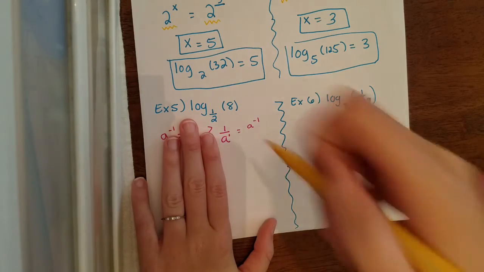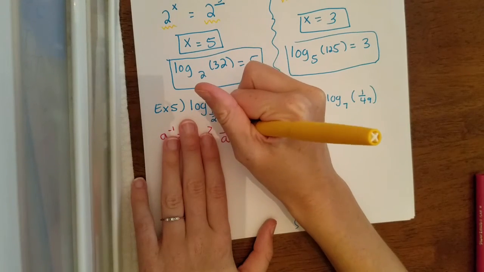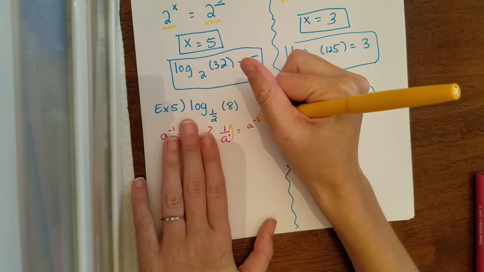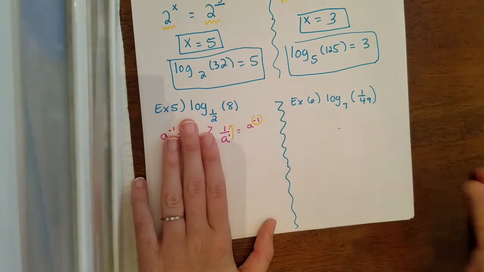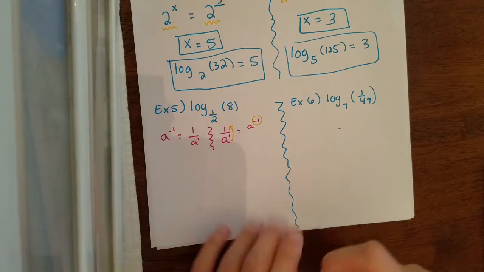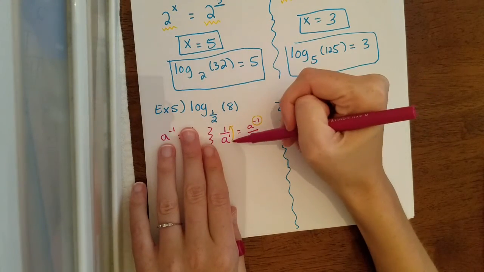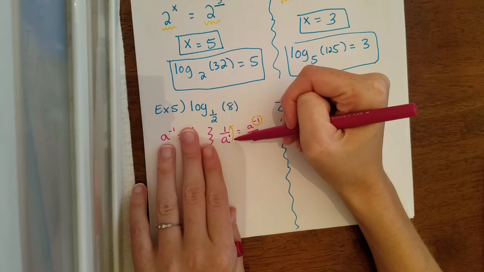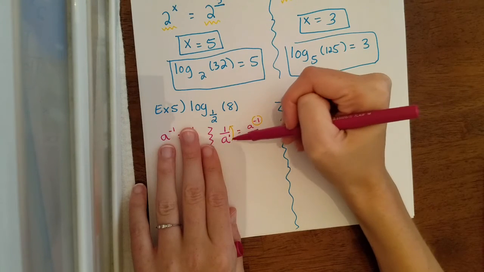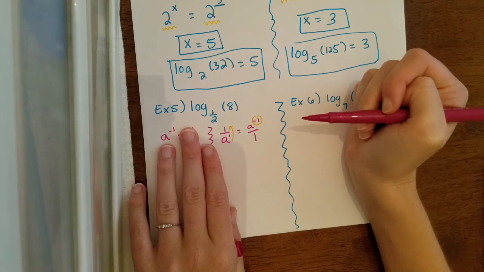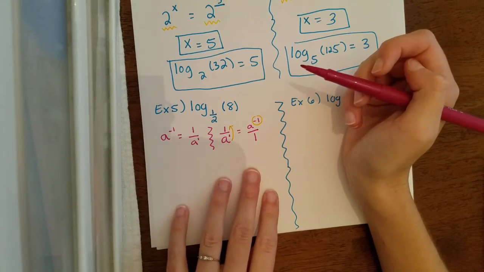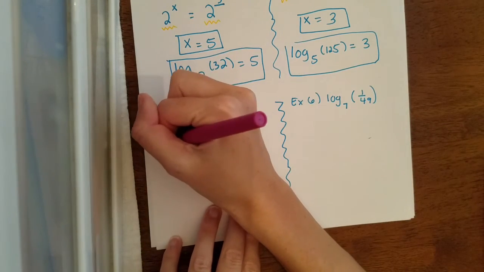That is equivalent to, if we move a to the first to the top of the fraction and change the sign to a negative, those are equivalent statements. So if you see here, this is over 1. So all I did was I moved a to the first from my denominator to the numerator, and bam, my exponent, my 1, became a negative 1. That's it. Okay, the reverse is true as well.